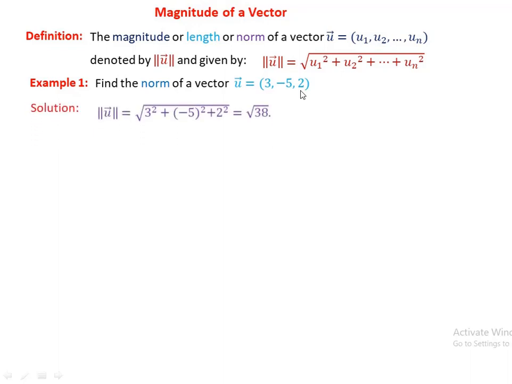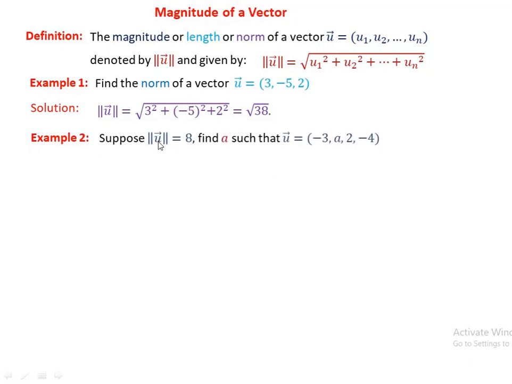As a solution, ||u|| = square root of (3 square + (-5) square + 2 square). 3 square is 9, (-5) square is 25, 2 square is 4, so 9 + 25 + 4 gives square root of 38. Therefore ||u|| = square root of 38.